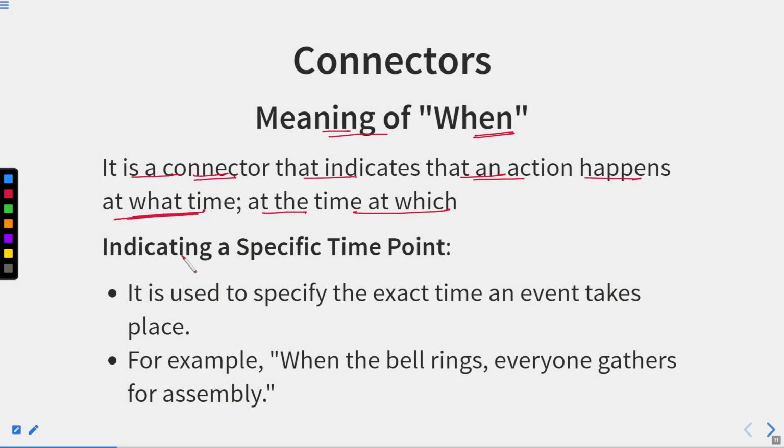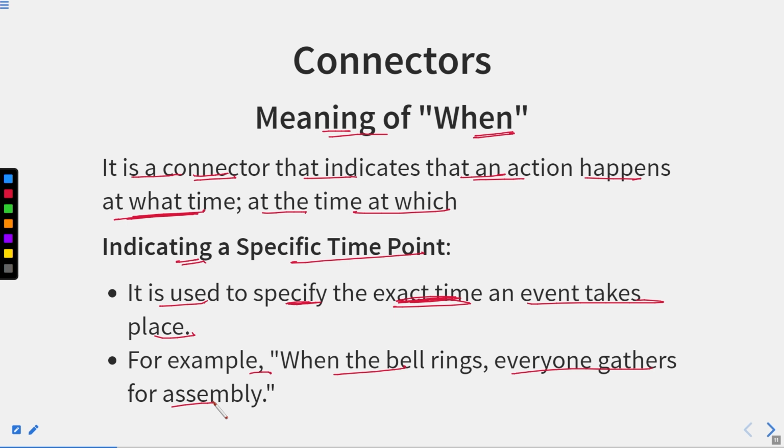So first of all, what is its main role? To indicate a specific time point. It is used to specify the exact time an event takes place. For example, when the bell rings, everyone gathers for assembly. If you were in a school, you must have seen that whenever the bell rang, everyone gathered there for assembly. In fact, many actions took place on the basis of that bell.